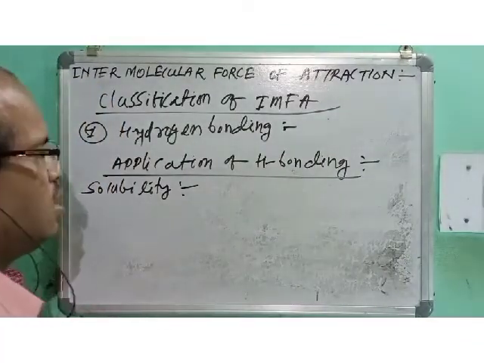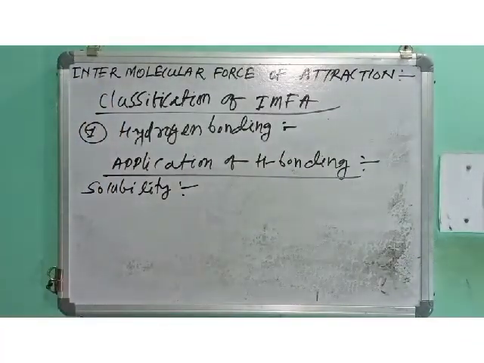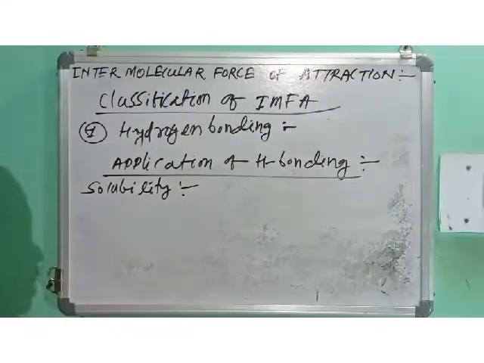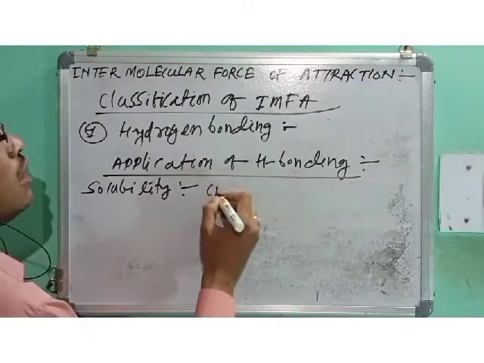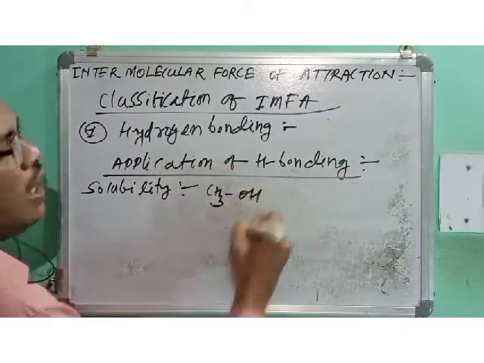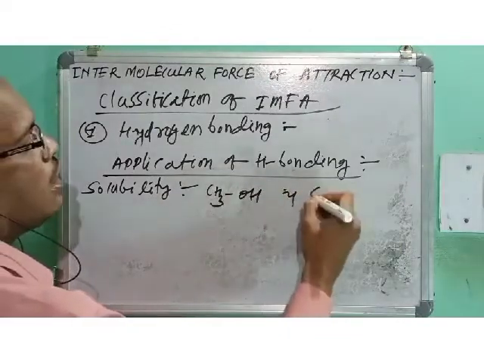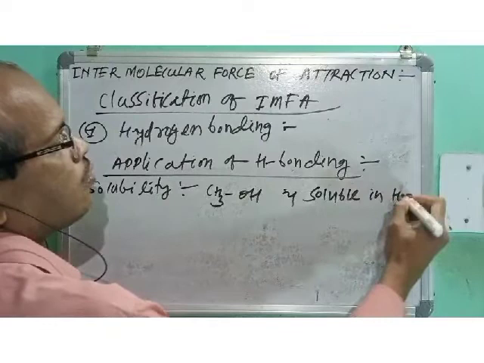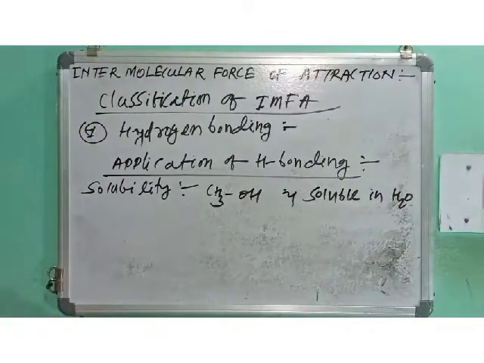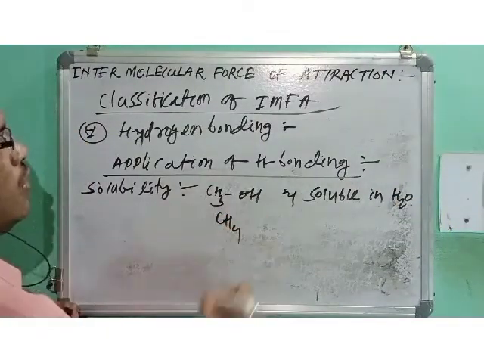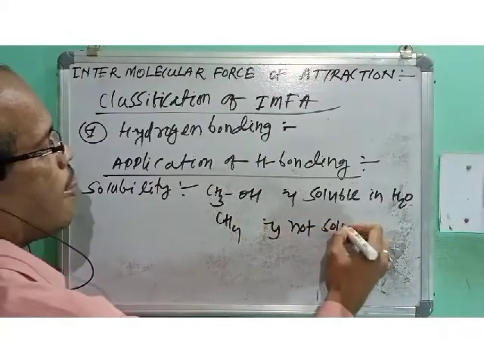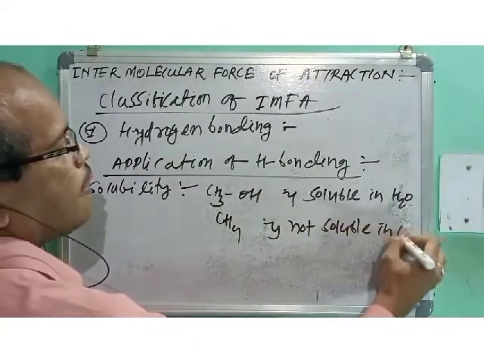So remember, the covalent molecules that are able to form intermolecular hydrogen bond with water are soluble in water. Example, methyl alcohol is soluble in water, but methane is not soluble in water.